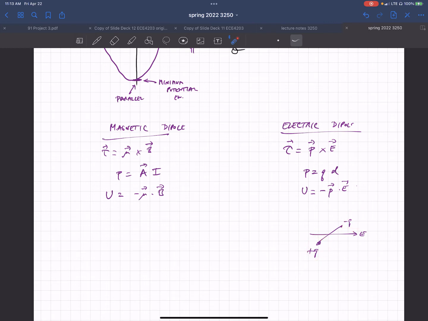But in the case of a magnetic dipole, there is no actual magnetic charge because there's no such thing. So what you have is a current loop that is trying to line up with a magnetic field.